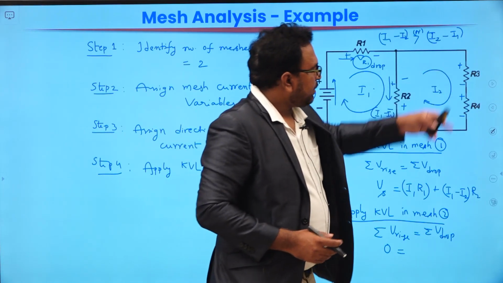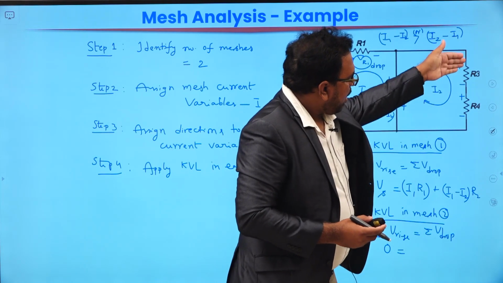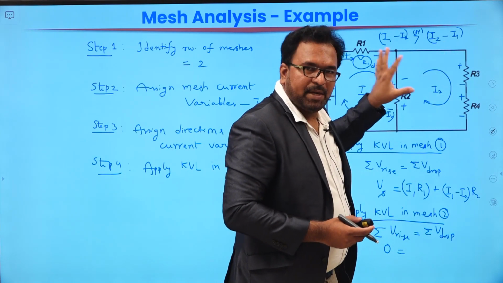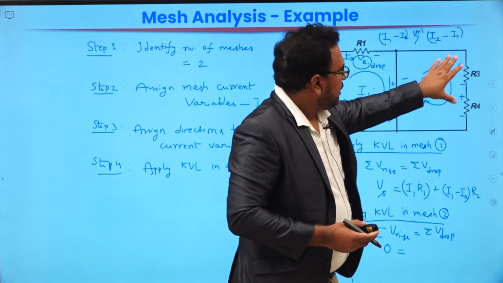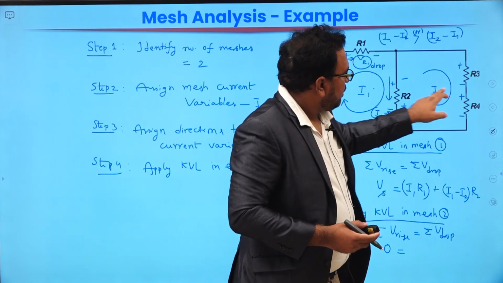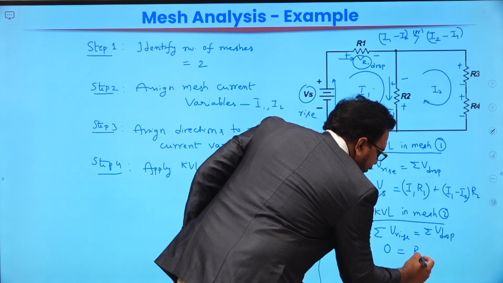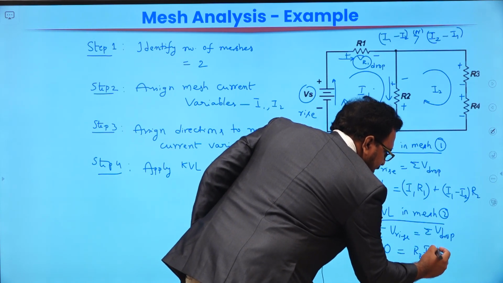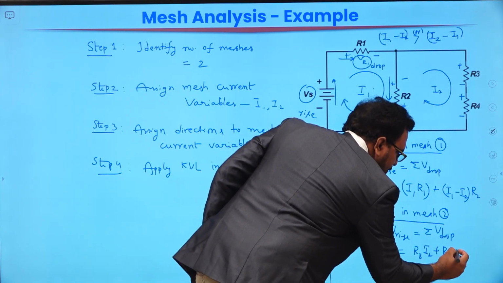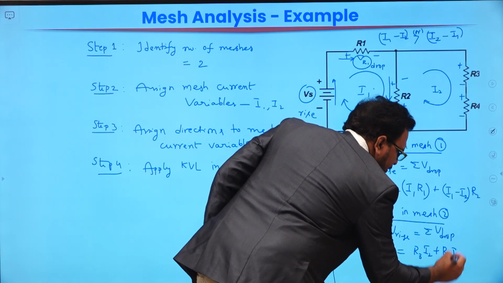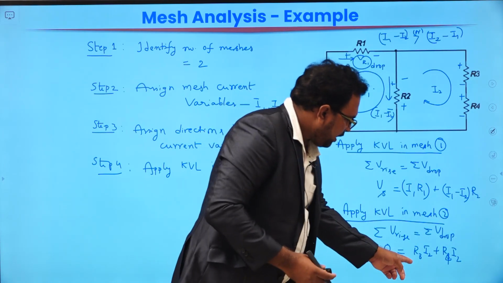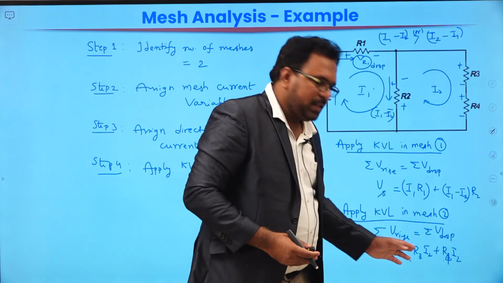Now what are the drops here? If you see the three elements, R3 and R4 are confined to mesh 2 only. That means R3 and R4 carry the current I2 only. So R3 into I2 plus R4 into I2. Both resistors R3 and R4 carry the same current I2.